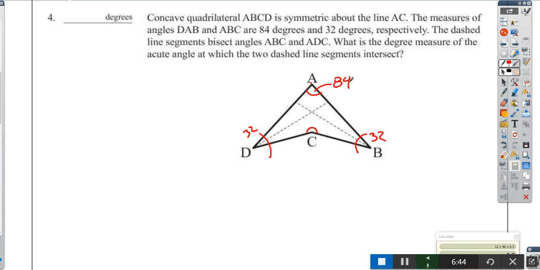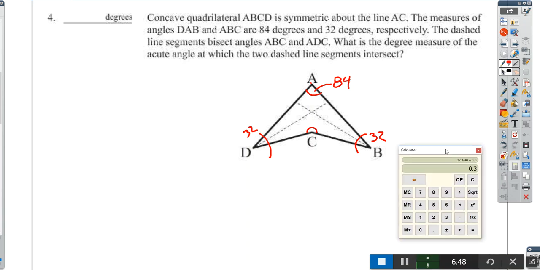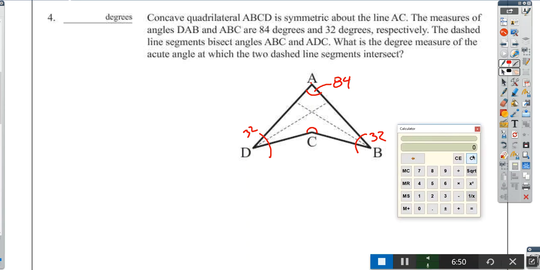So we have 64 plus 84, and we want to figure out what the remaining of the 360 is.